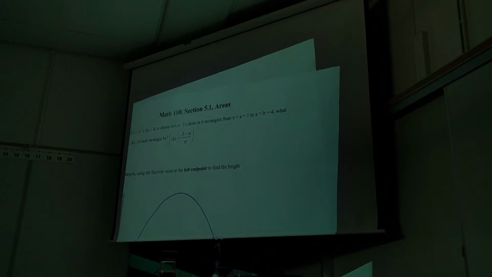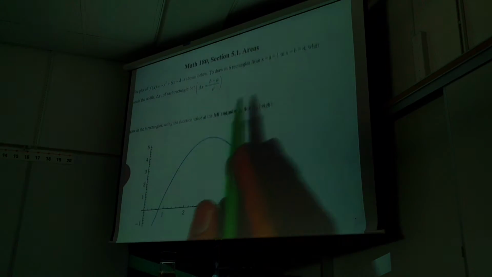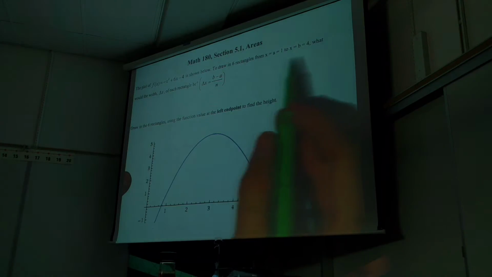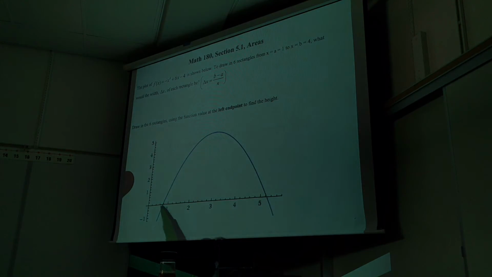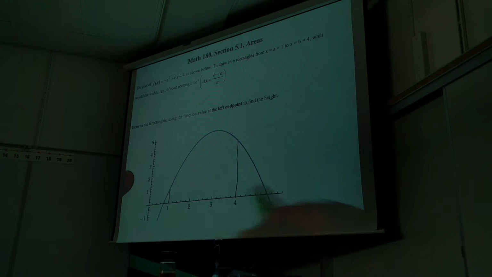All right. So if we're trying to look at this function, I've graphed it for you. I want to draw 6 rectangles from a equals 1 to a equals 4. So I want to do the area below this function between 1 and 4, so that area right there.